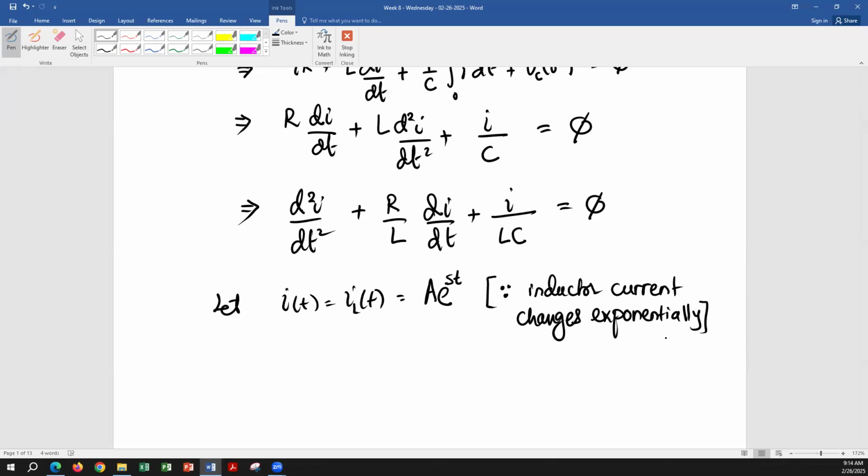So we assume that v_C(t) can be given by a generic equation A e to the power st. In this case, s is, of course, if it is discharging, a negative value. So we're going to go ahead, and if we assume that this is a solution of the inductor current, we're going to plug that solution into the differential equation.